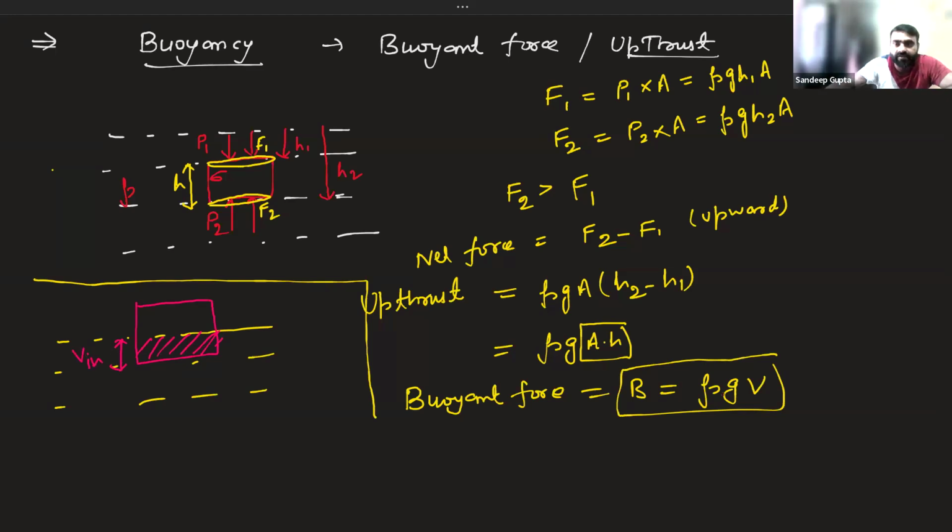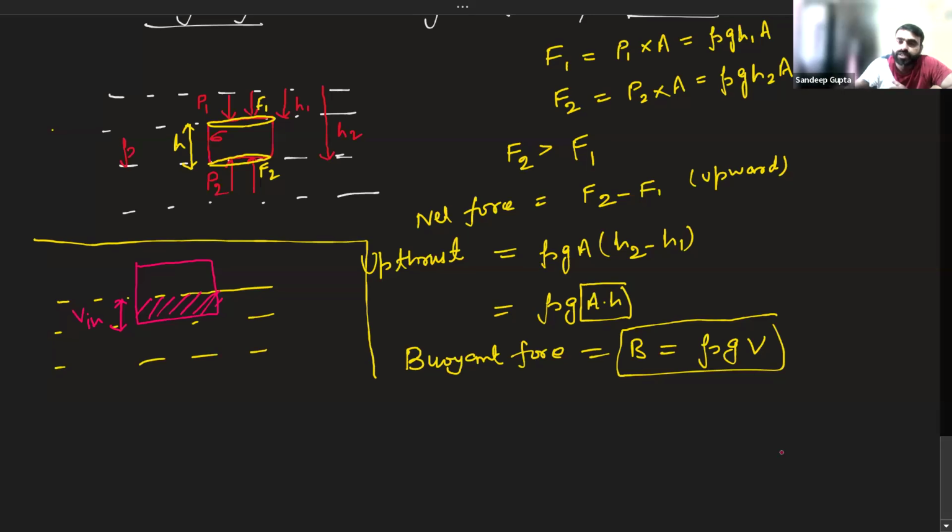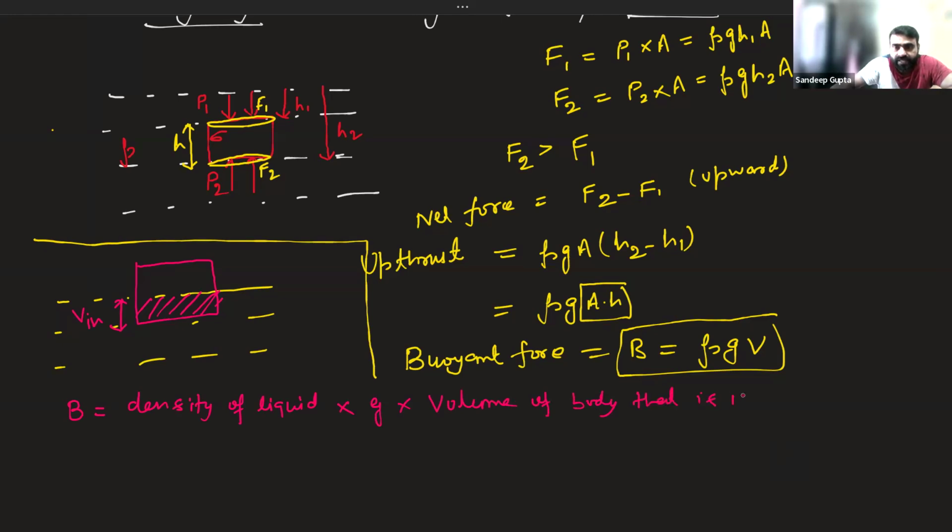That means the complete formula is B equals density of liquid multiplied by g and multiplied by the volume of body that is immersed in the fluid.